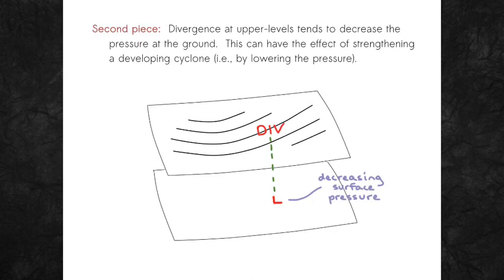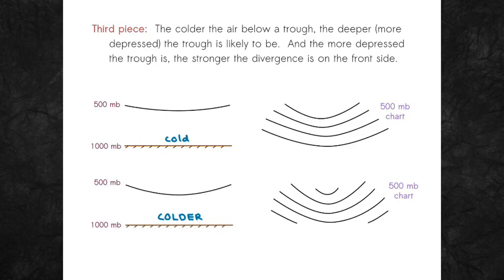Second piece was that when we have divergence, it removes mass from the air column, which causes the pressure down at the ground to drop. And the third piece was this relationship between the air temperature and the trough. The trough tends to sit over regions of cold air, and if it's even colder air, you get an even deeper trough. Okay, with those three easy pieces, we can start to put this together.